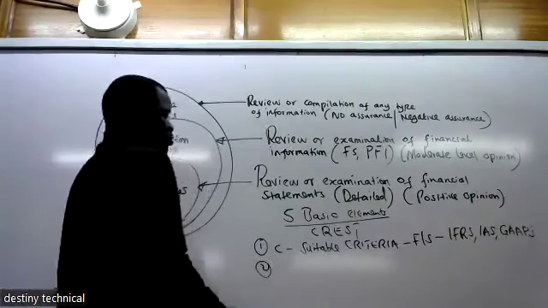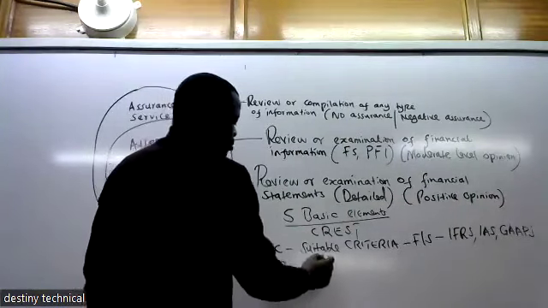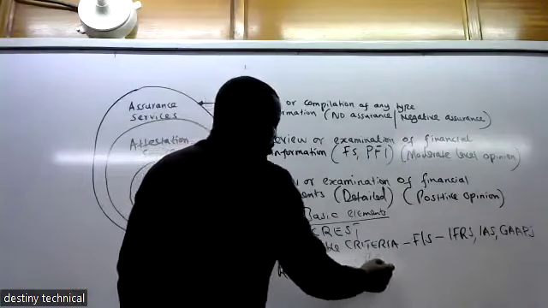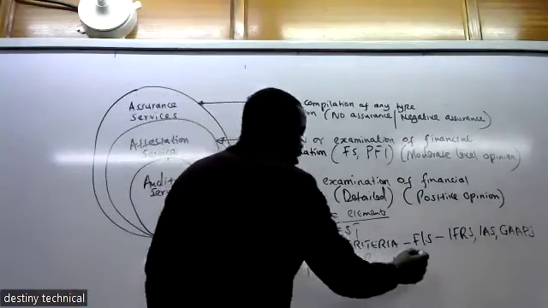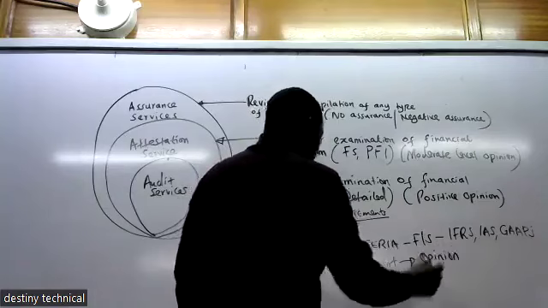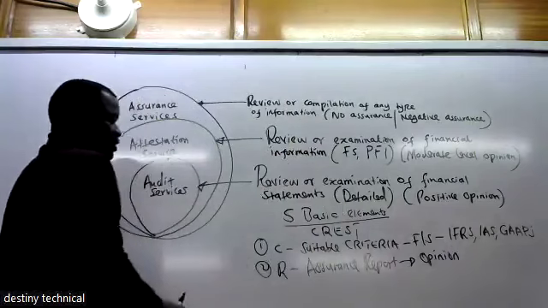Number 2, we have the R. This R stands for assurance report. The report is where the opinion is normally expressed, or where the professional is able to provide some form of assurance to the intended users.